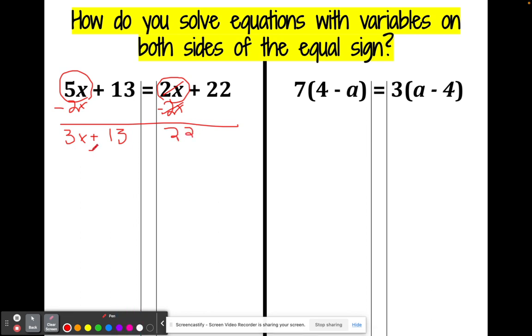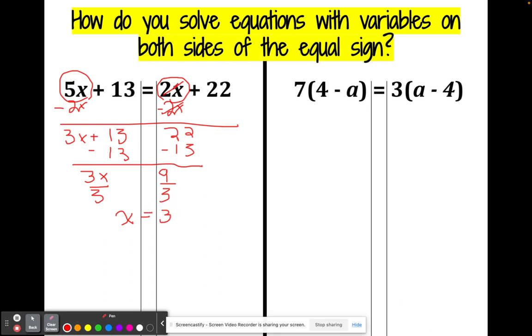Next, I will just do a regular two-step equation, subtract 13 from both sides. 3x equals 9. And last step, divide by 3. And my x will equal 9 divided by 3, or 3.